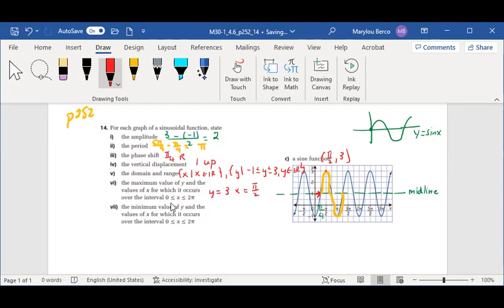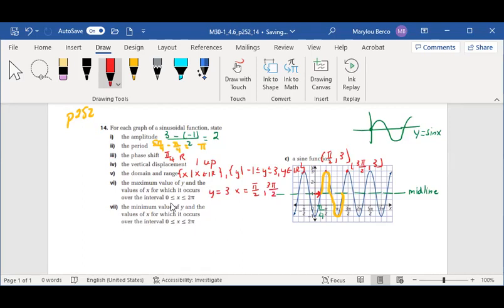The minimum value between 0 and 2 pi, if we take a look at x, we have a maximum. We have 2 of them. We have this maximum as well, between 0 and 2 pi. So we also have 3 pi over 2 and 3. So I'm going to put here 3 pi over 2.